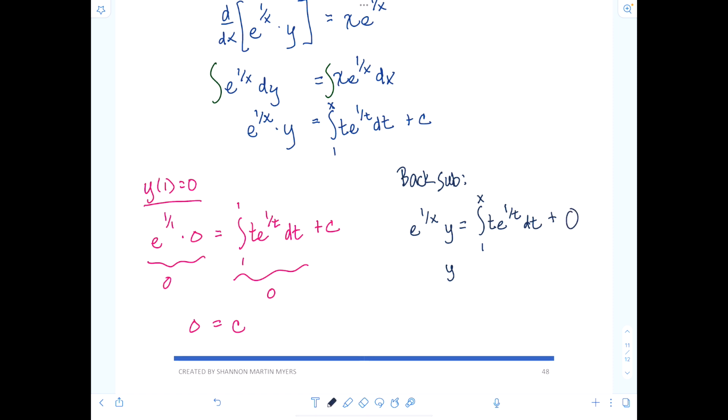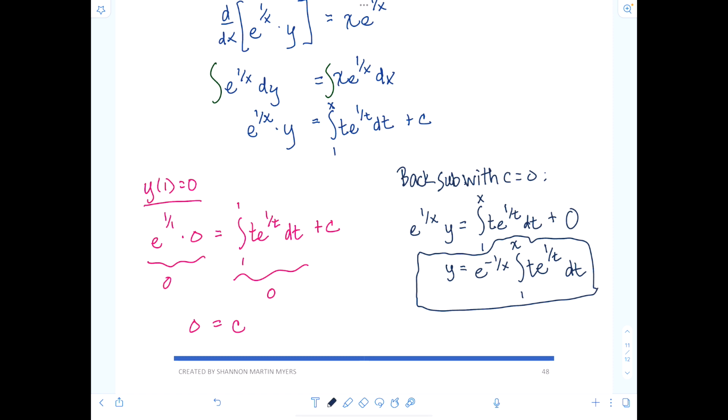So we're doing this with c equal to 0. We'll end up with y equals e to the negative 1 over x times the integral from 1 to x of t e to the 1 over t dt. All right, and we're good to go.